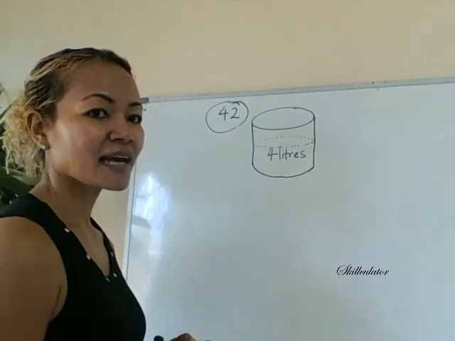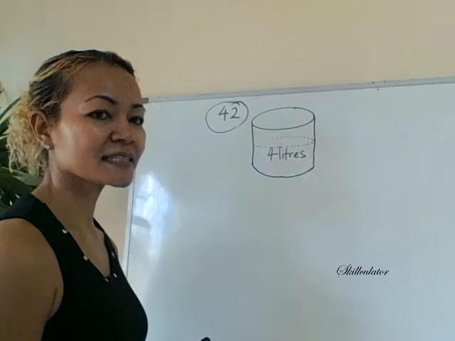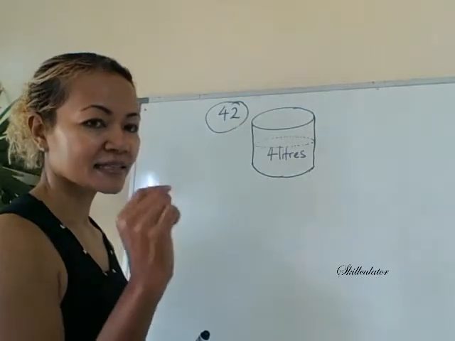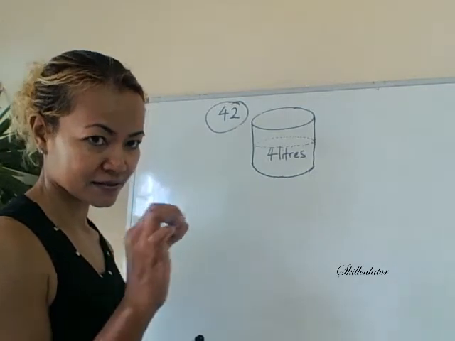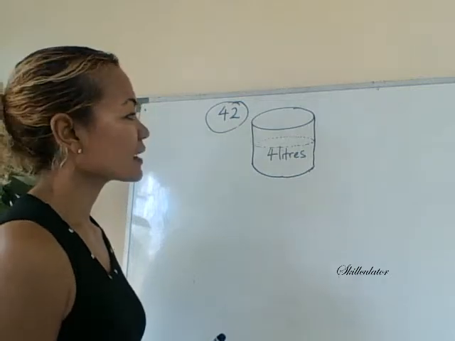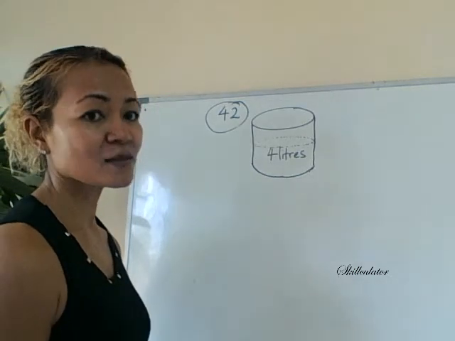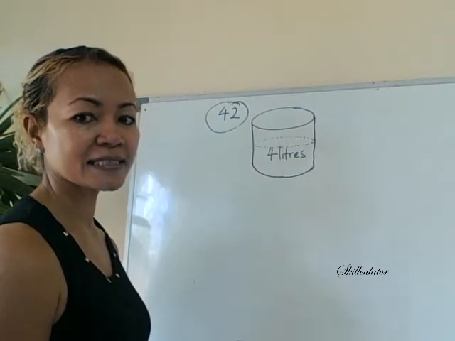Milliliters is just 1 liter divided into 1,000 parts. So every liter has 1,000 milliliters.